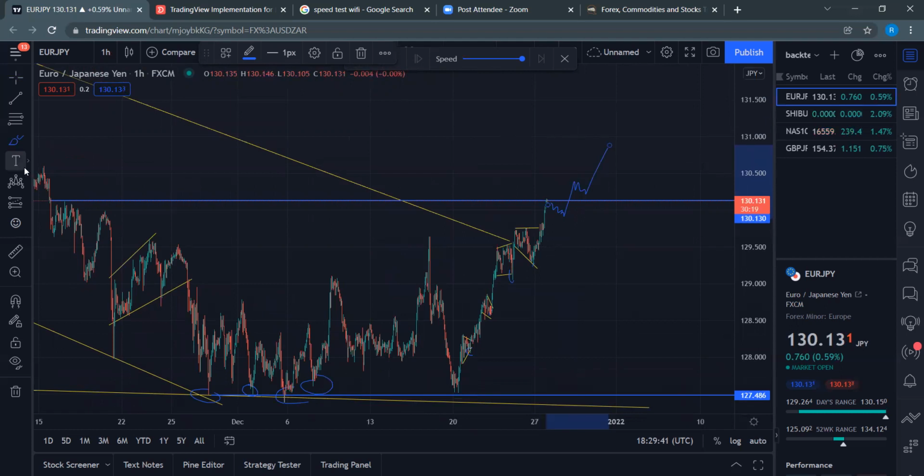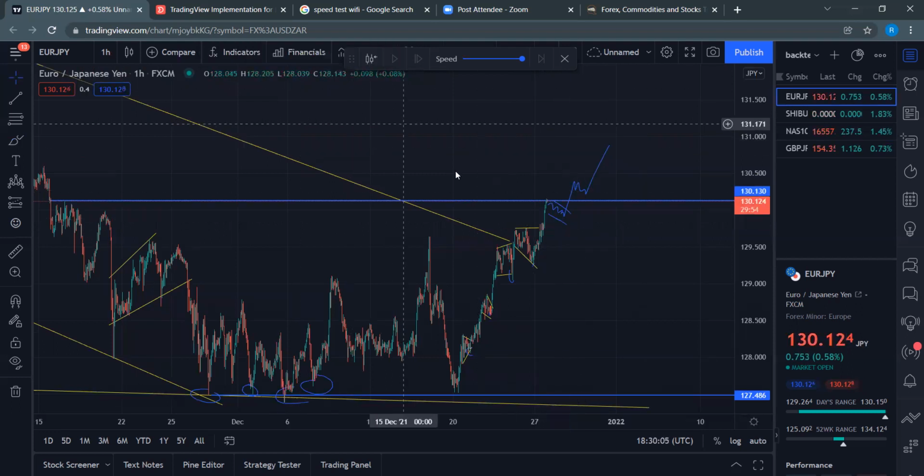We just don't know how deep this correction will go, but we will be anticipating a correction more or less like the small ones that have been happening here. The third touch will be somewhere there, and on your left-hand side it will be at your order block, your third touch. That's basically what we do.